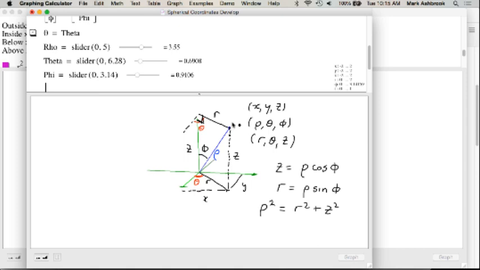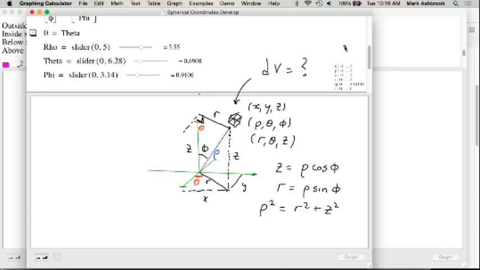So now the question is, we have a little chunk, a little differential, right? What is a dv in spherical coordinates equal to?